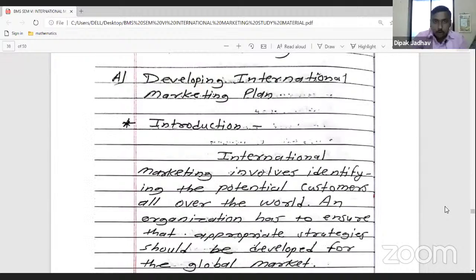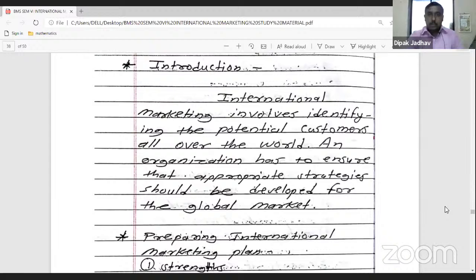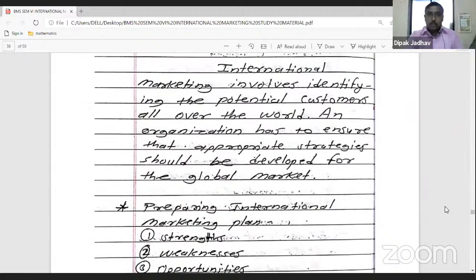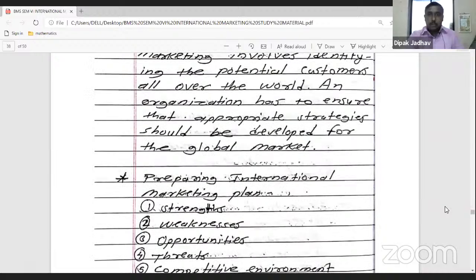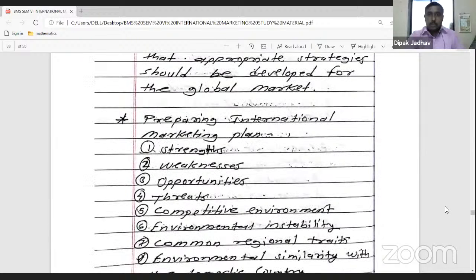And this plan can be run by thinking of many more dimensions of the plan. The international plan involves the customers and how we can reach them, what the strengths are, and what opportunity over there we need to focus on. About the marketing plan, how can we use the opportunity, comparative advantages, environmental instability, and environmental similarity with domestic markets.